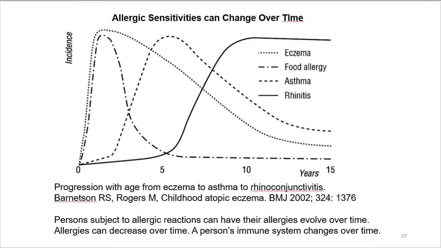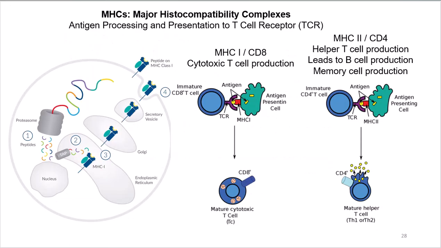Basically, runny nose, asthma type things coming in later. So if you're allergic to something when you're younger, it doesn't always mean you're always going to have it, but you always have to be careful. Anyway, immune responses change over time.